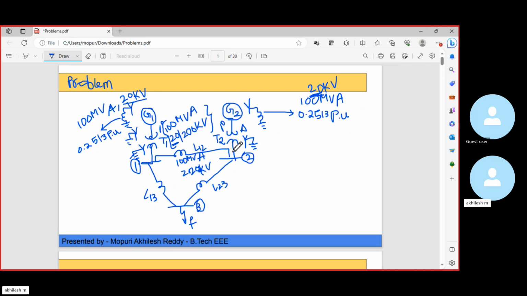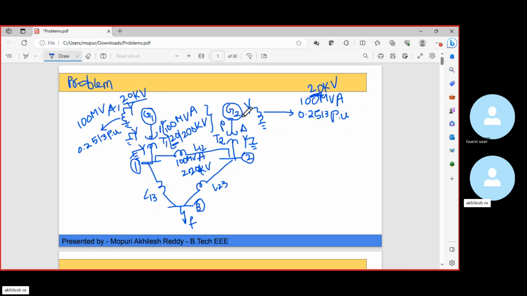Because base MVA is the same for all components, 100 MVA, and the old kV and new kV are equal.